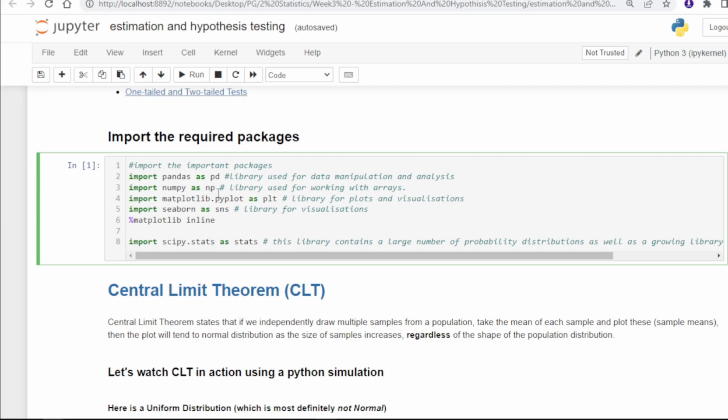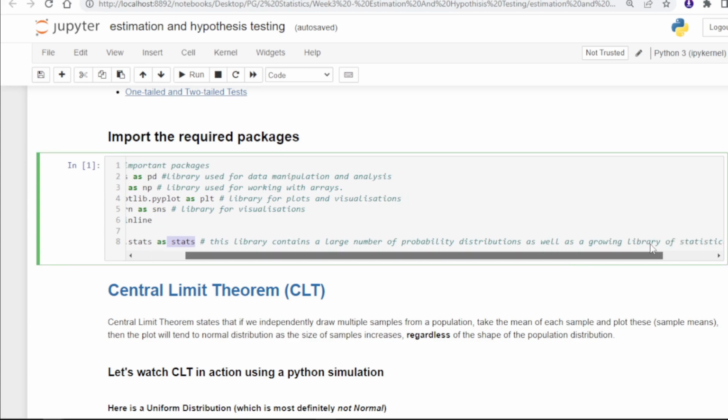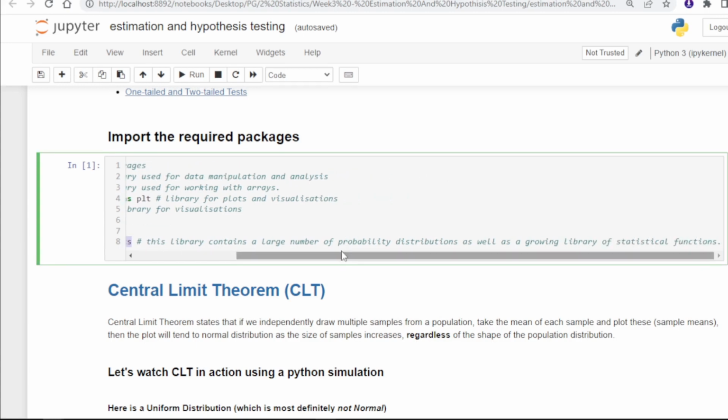Then we import numpy as np, which is used for working with arrays. Then matplotlib to plot our graphs or visualize them. Seaborn is also for visualization, and here we will again import stats, the library for all the statistics work, like probability distributions, as well as a growing library of statistics functions.